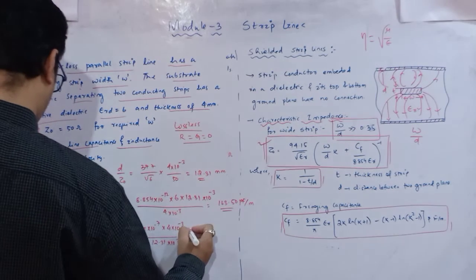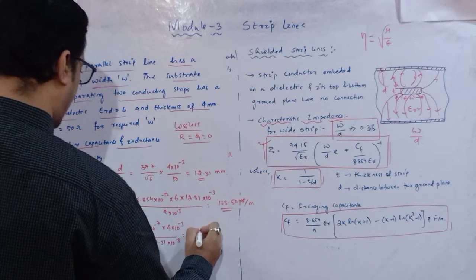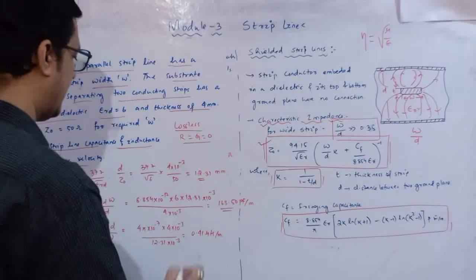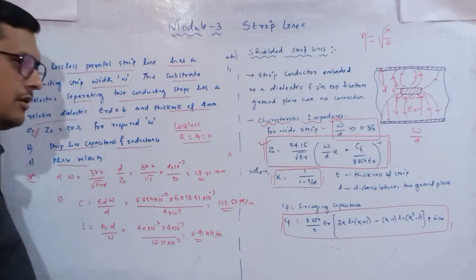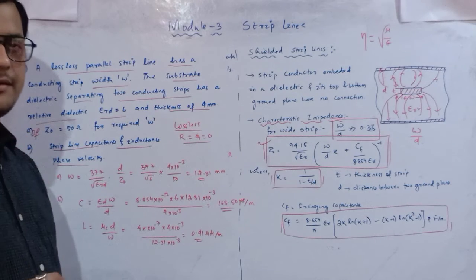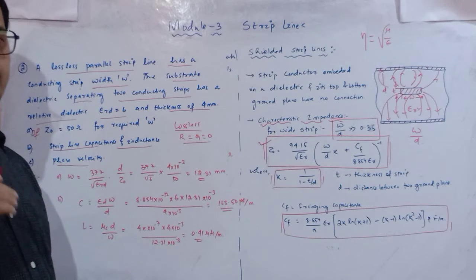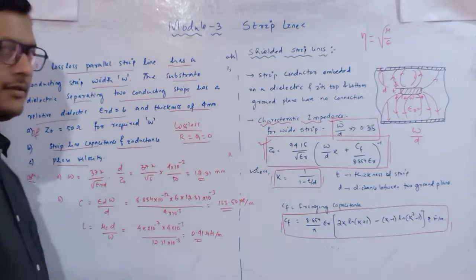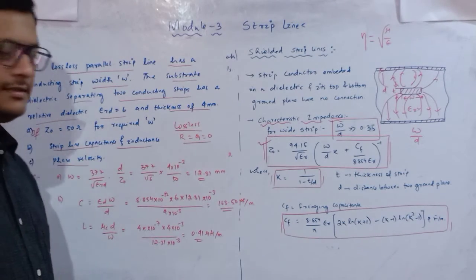If you solve this, you will get around 0.41 microhenry per meter. This is the relation we already discussed in our derivation of the distributed parameters L, C, R and G for the lossy case. If it is lossless, R and G are both 0, and it depends only on L and C.